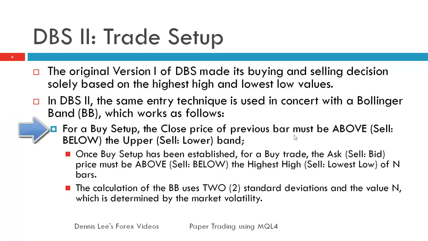For a buy setup, the close price of the previous bar must be above the upper band, and on the flip side, for a sell setup, the close price of the previous bar must be below the lower band.